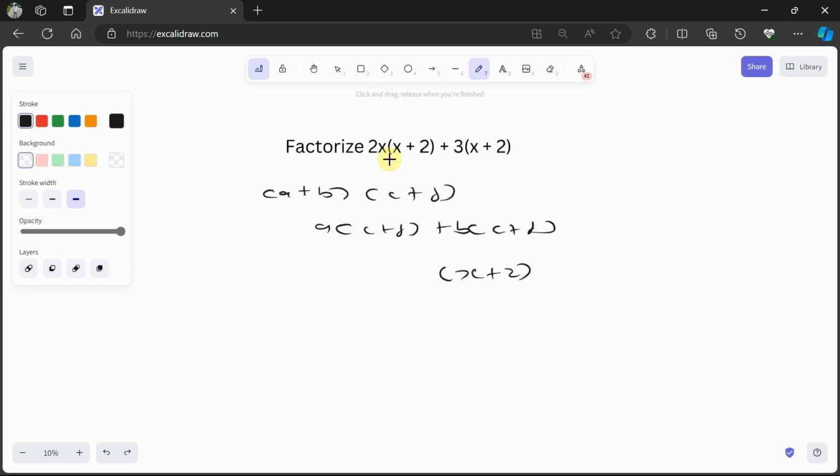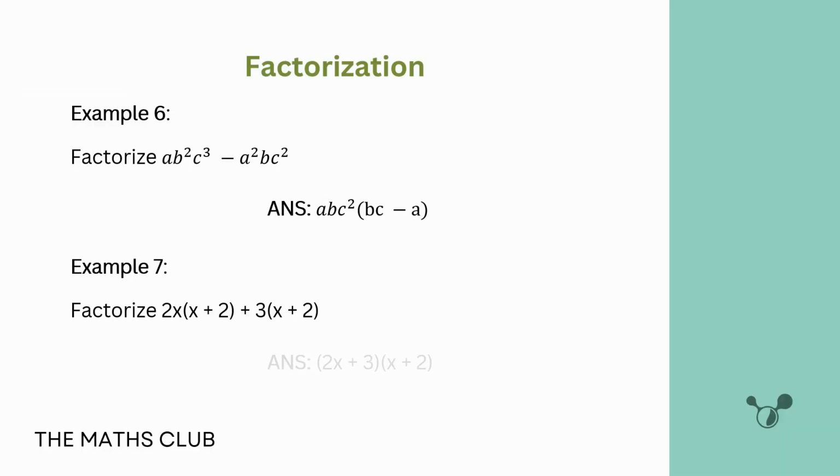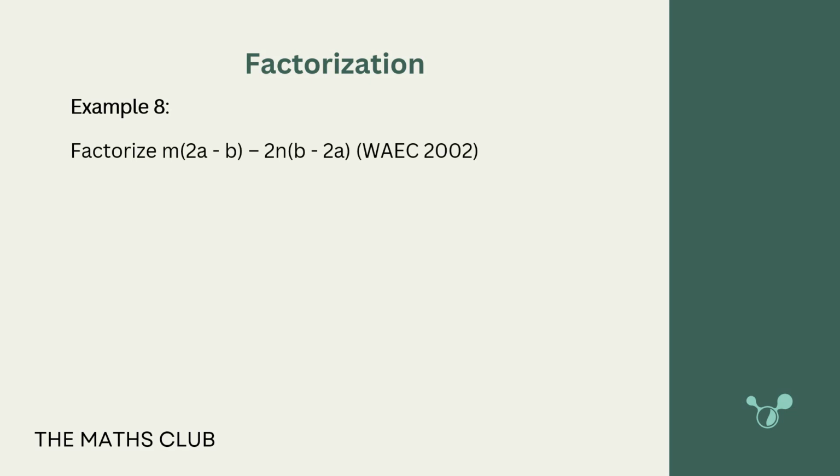Then you just put the first guy, which is 2x plus 3, in its brackets, and you're good to go. This is the answer for this particular question. So if you do something longer than this, let's see if you're correct. So 2x plus 3, x plus 2. Very simple.